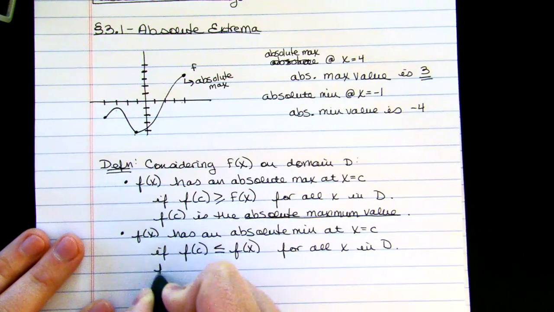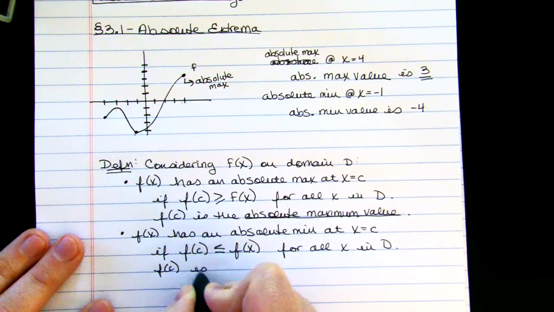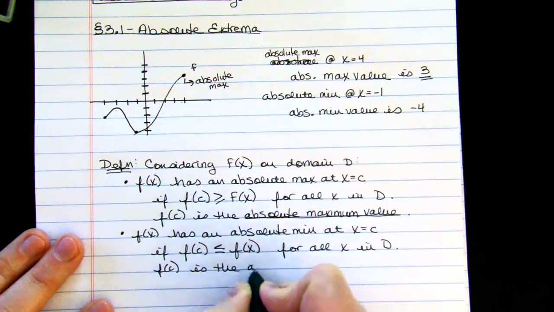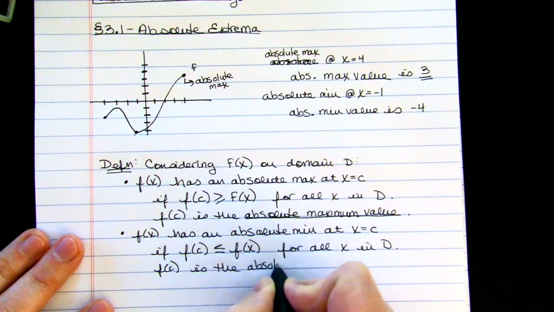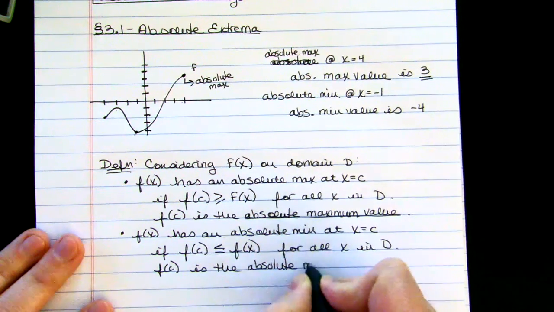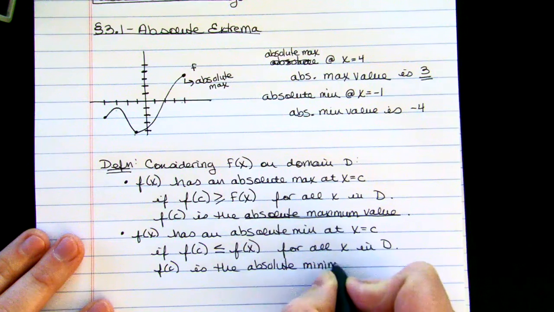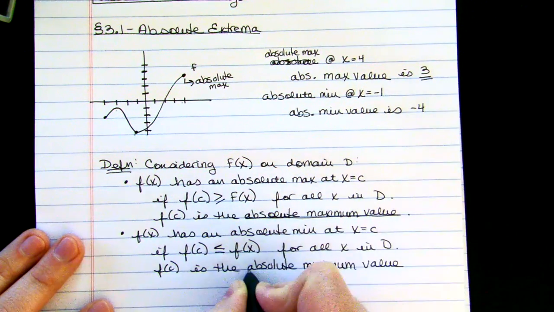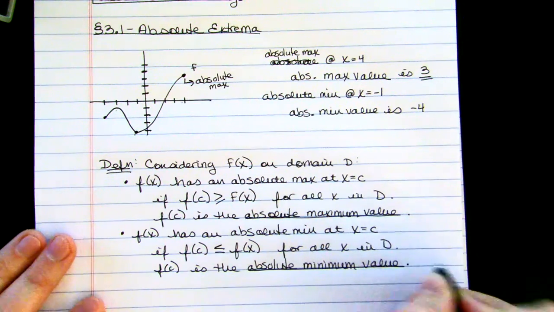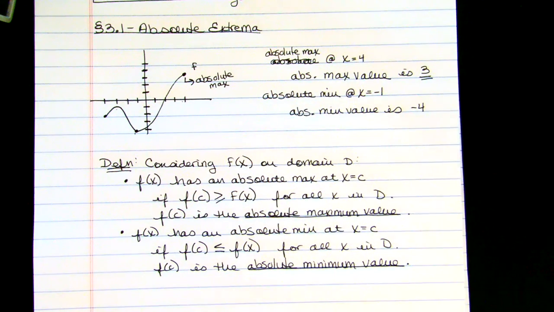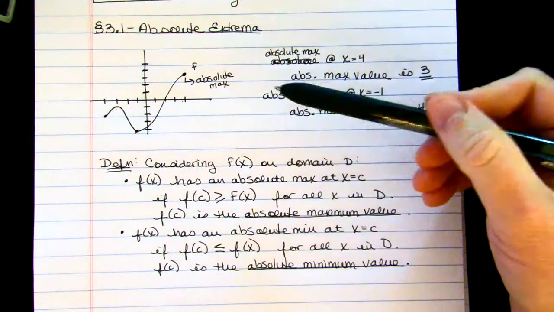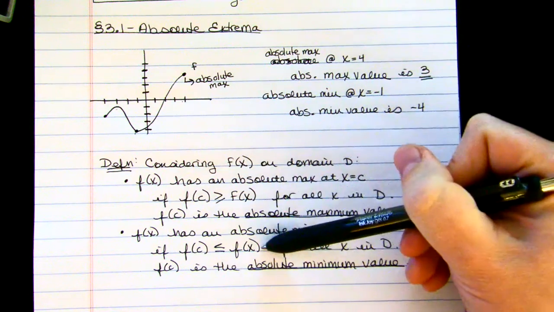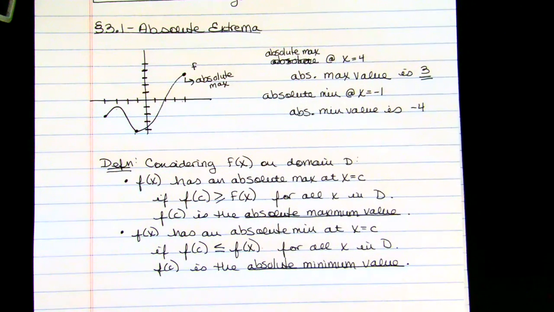In the same breath, I'm going to call f of c the absolute minimum value. Take a moment to copy that one down. If our y value is higher than all the other y values, absolute max. If it's lower than all the y values, absolute min.